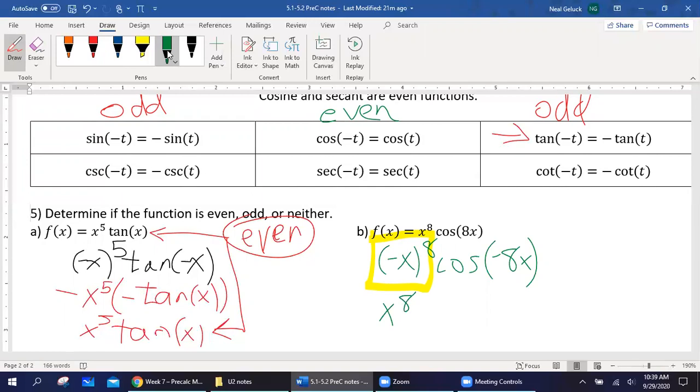And again, it doesn't matter that it's 8x, it's still negative of something. According to the cosine rule, since it's even, that negative just disappears. Doesn't really disappear, but we treat it as if it disappears. Again, I got out what I started with, exact same function, so this is even as well.